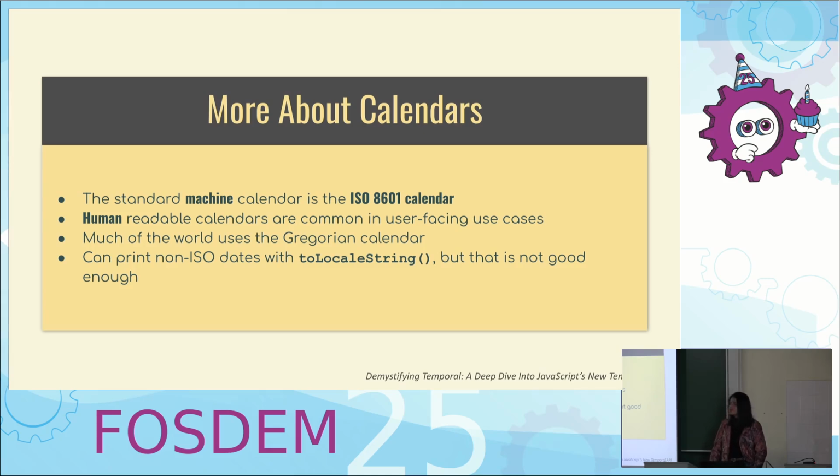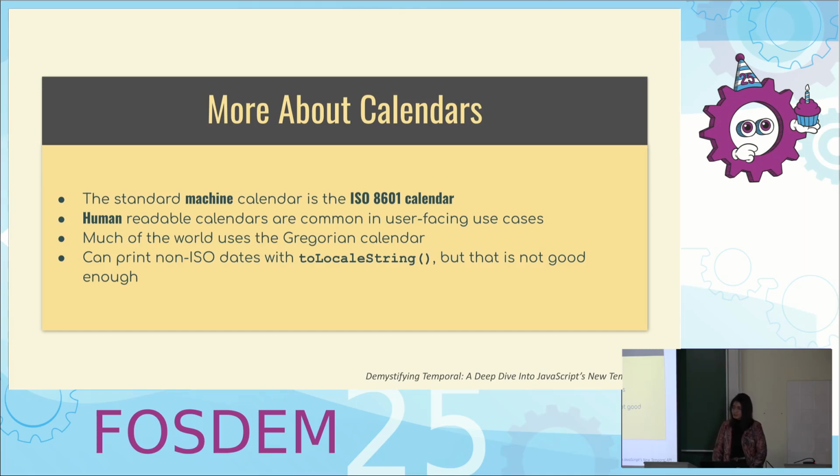But there are a few exceptions, a few cases where these two don't align. For example, the first week of the month, they have different rules for calculating that. But other than that, you can pretty much mentally convert between the two. But there are also other calendars like the Hebrew calendar or the Hindu calendar, which are different from the ISO 8601 calendar.